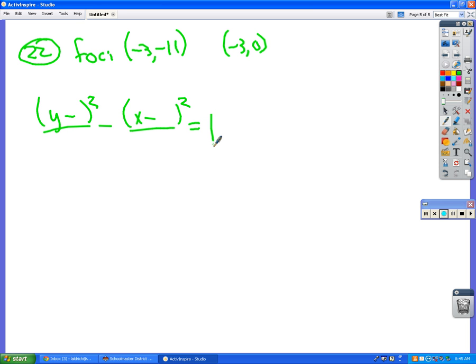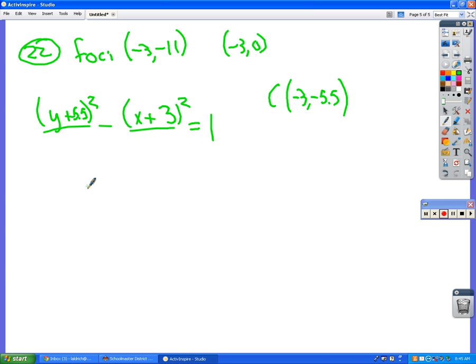What's the x coordinate of the center if the foci are at -3, -3? It's going to be x plus 3 squared. What's the y coordinate of the center? -5.5. So y plus 5.